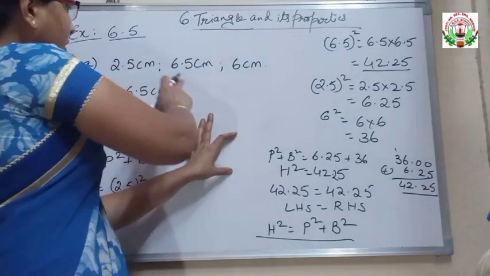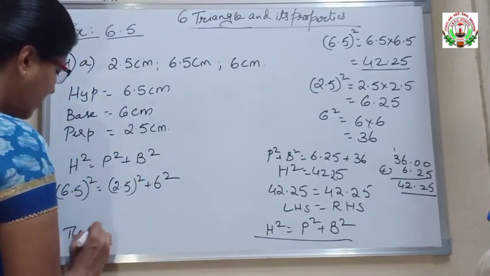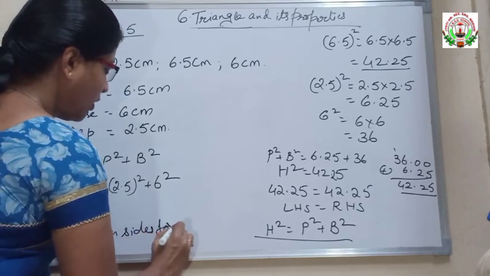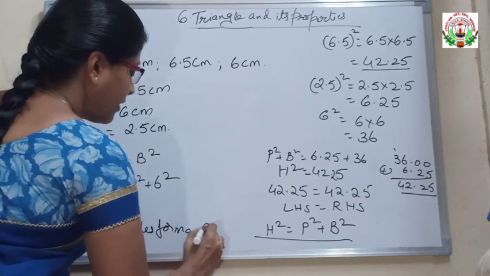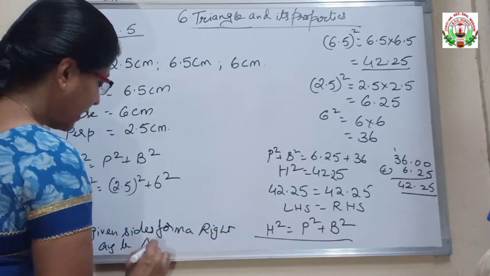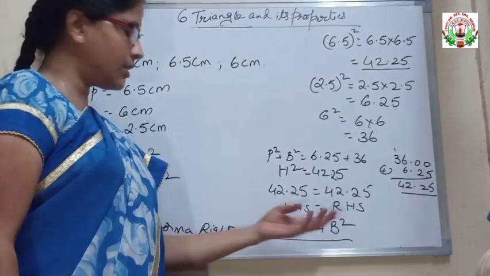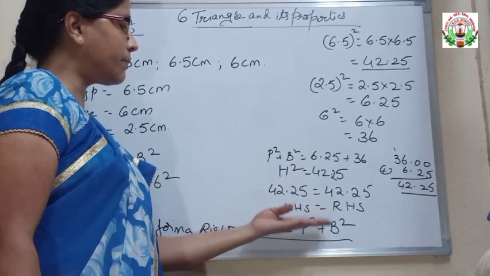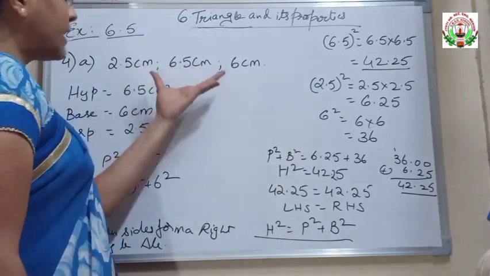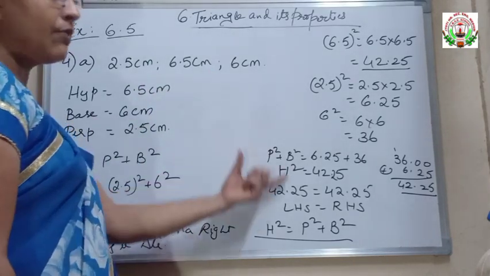So at the end you are going to write that the given sides form a right angle triangle, because here LHS is equal to RHS, that is hypotenuse square is equal to perpendicular square plus base square. So these given sides form a right angle triangle. In this way you have to solve.